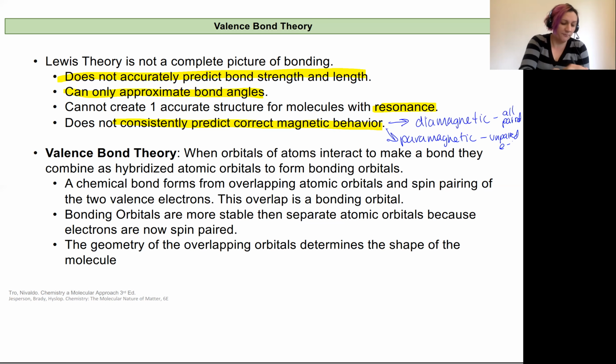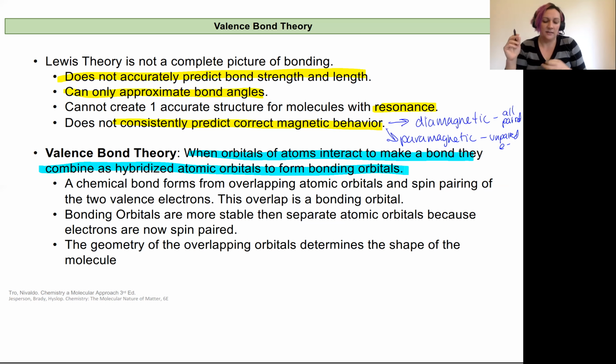What valence bond theory states is that when orbitals of an atom interact to make a bond, they actually combine as hybridized atomic orbitals to form bonding orbitals. That hybridized bonding orbital is really the key aspect of this entire theory.